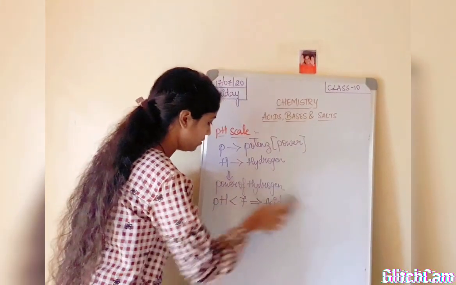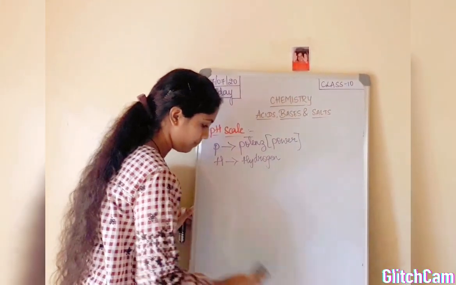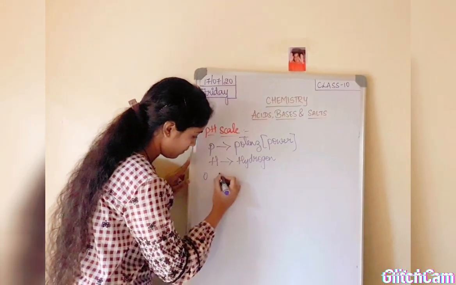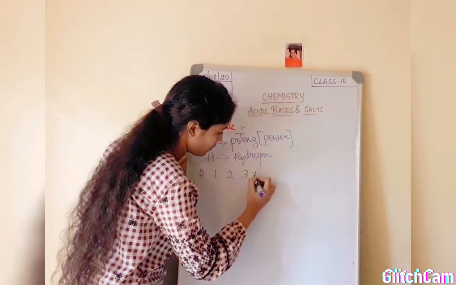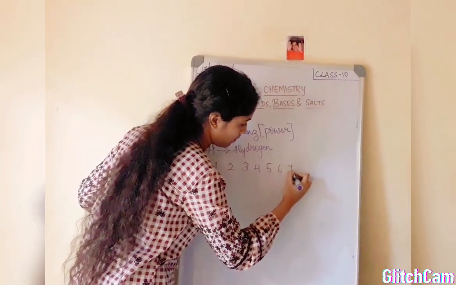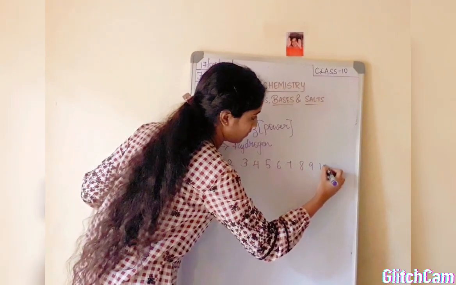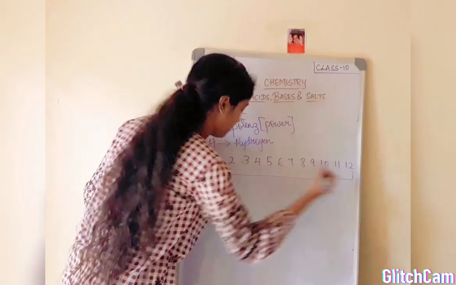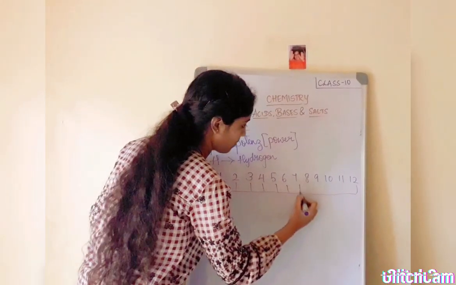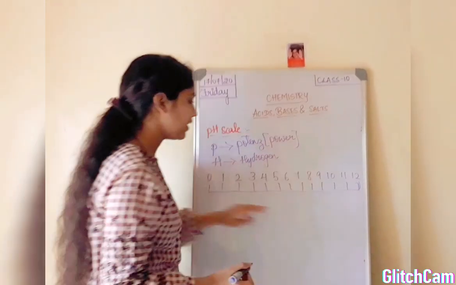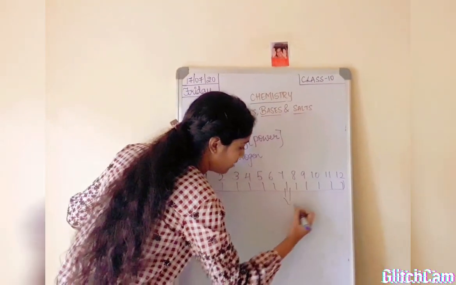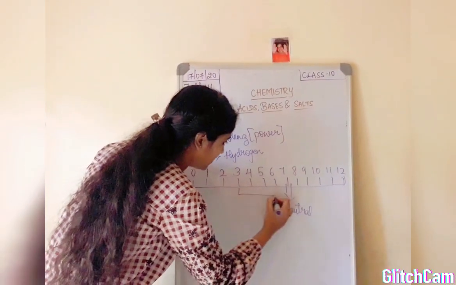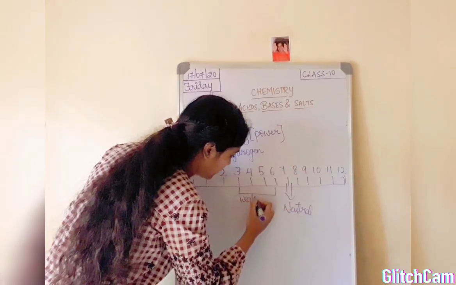Now, in this pH scale, neutral, these are considered as weak acids.